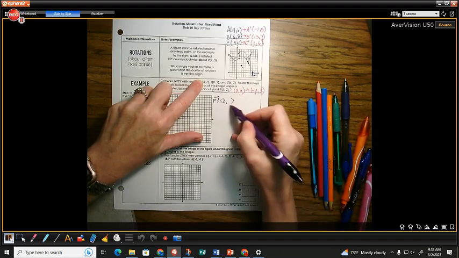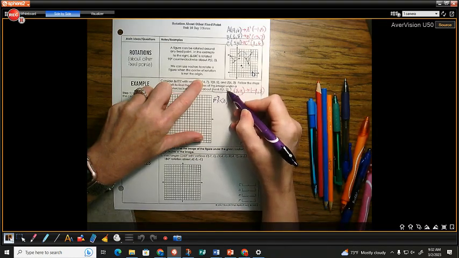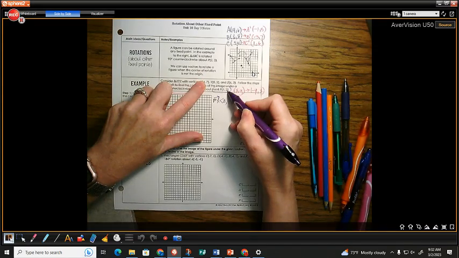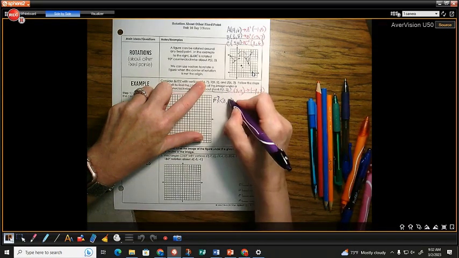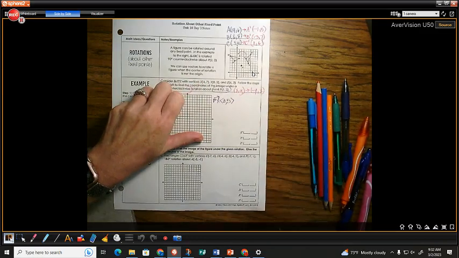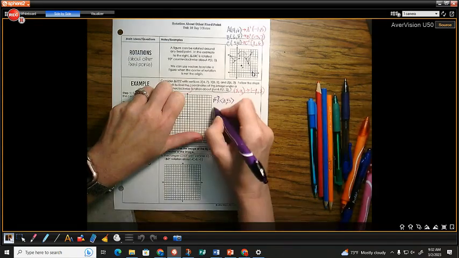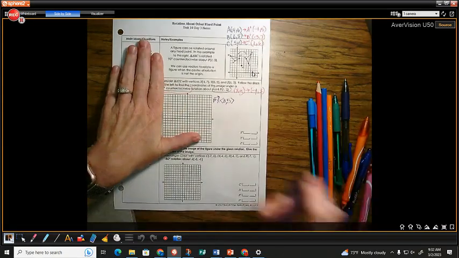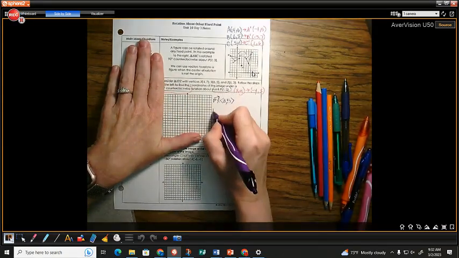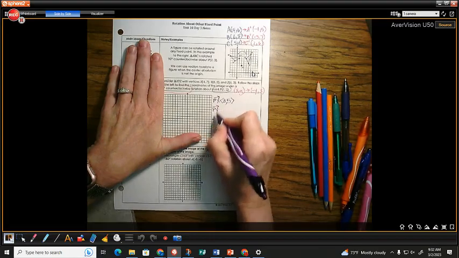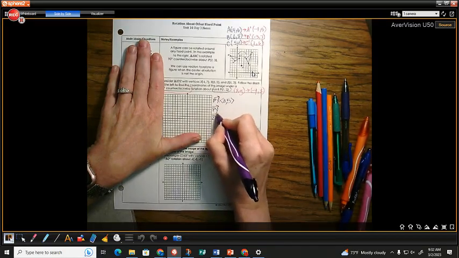And then you look at your second component. To get from 2 to 7, from P to X, how far did that component go? It went up 5. Who'd I lose? Now could you do that for your other 2 points? Can you find the vector from P to Y and the vector from P to Z?